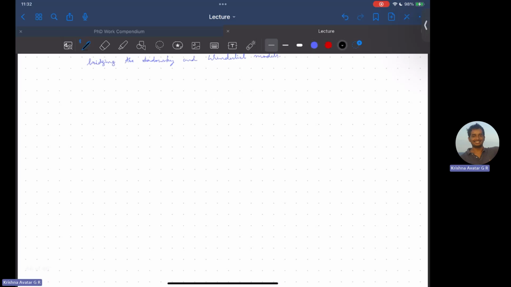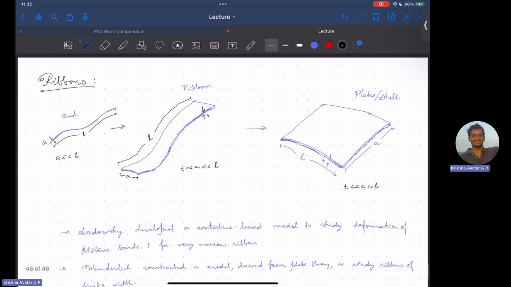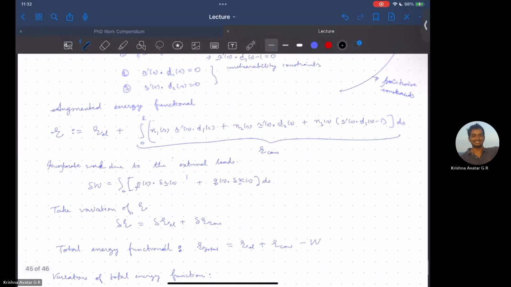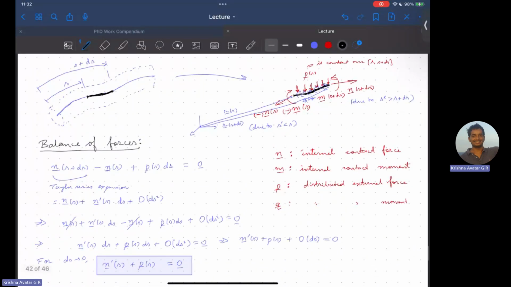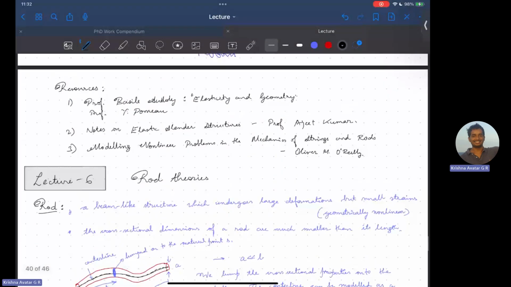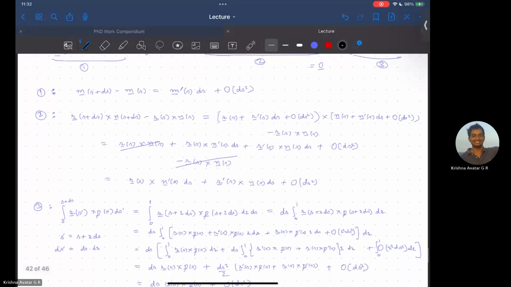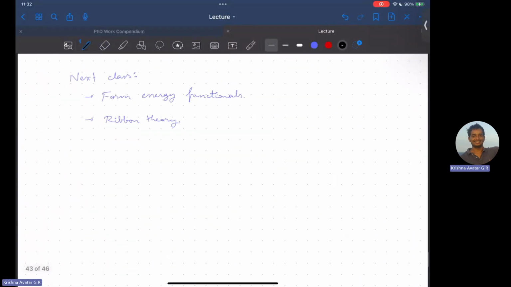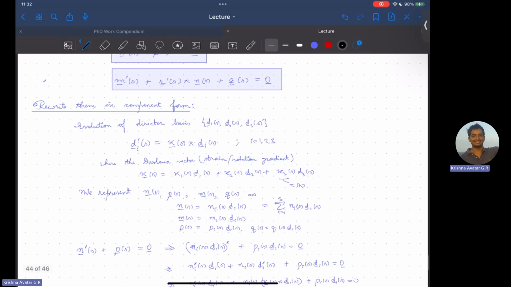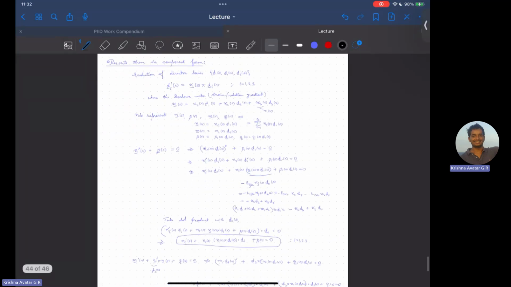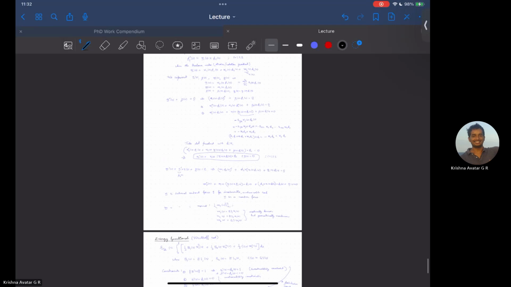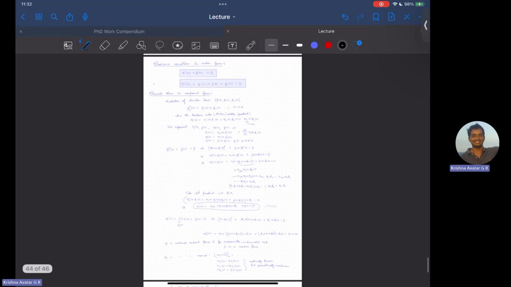Okay, so now let us begin. We have these ribbons. Sometime back we had studied rods. I never mentioned that we're looking at lecture 7.